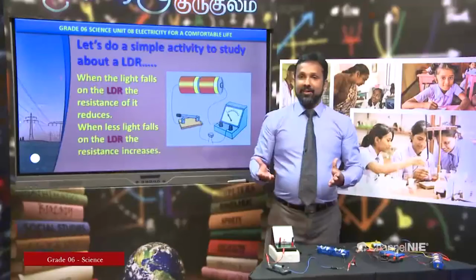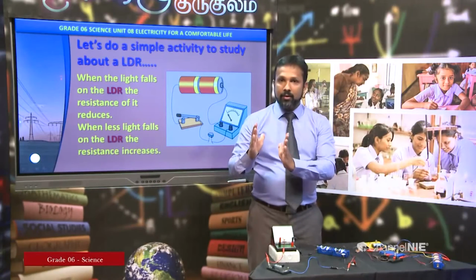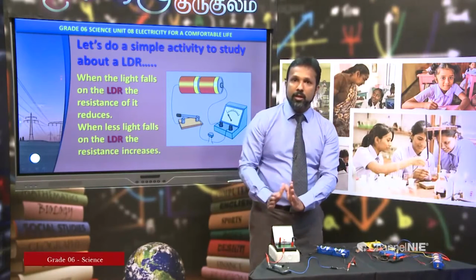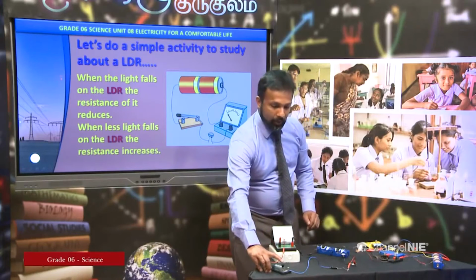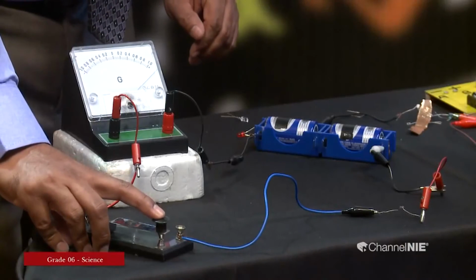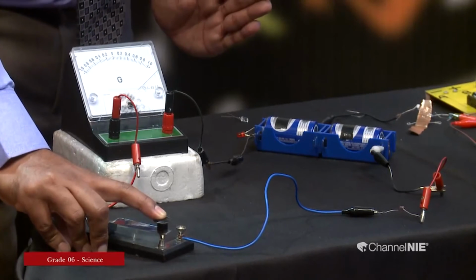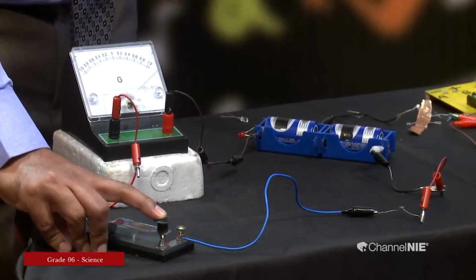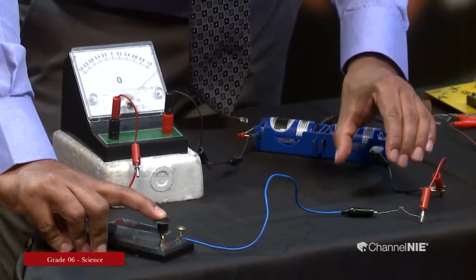You can remember, deflection of the galvanometer means current passes through the circuit. Here, when I connect, the galvanometer deflects to the right side because light falls on this.